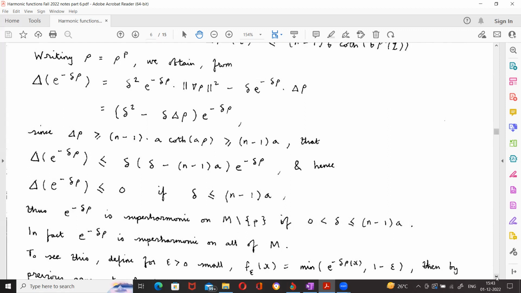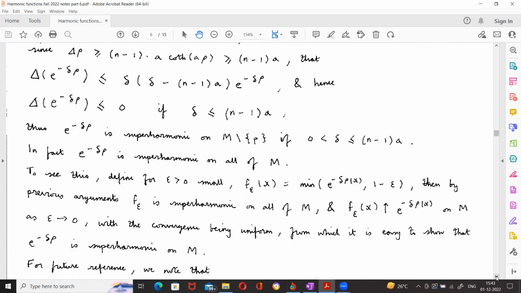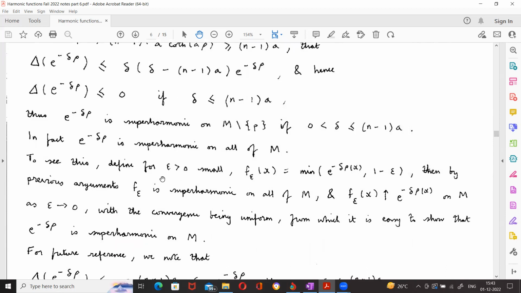So how do you see that? Well, you can use the following argument. For epsilon small, you define this function f epsilon of x. This is the minimum of e to the minus delta rho x and 1 minus epsilon. So if x is close enough to the origin, then this e to the minus delta rho x is close to 1, so it's going to be bigger than 1 minus epsilon.